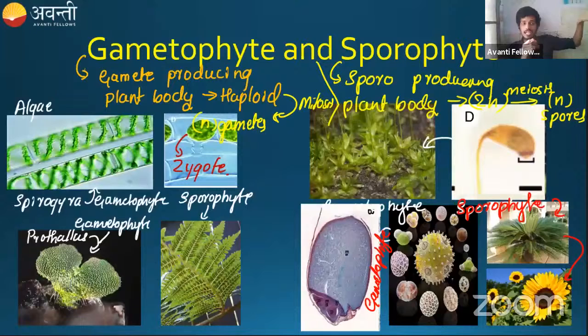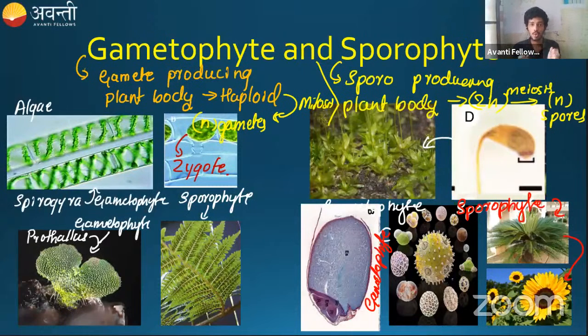It starts with the gametophyte as the major one and ends with the sporophyte as the major one, and the phase changing is happening. So the gametophyte is reducing through evolution and the sporophyte size is increasing through evolution. Just compare the things so you can remember what is happening.